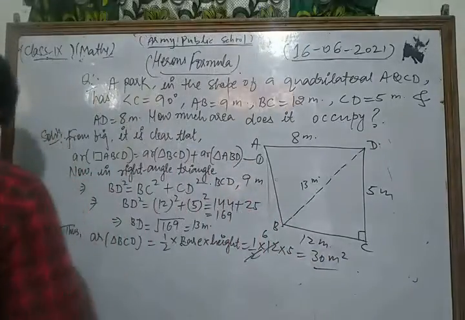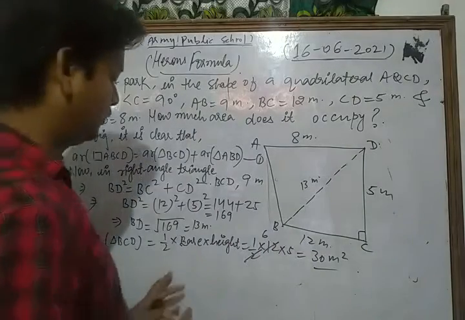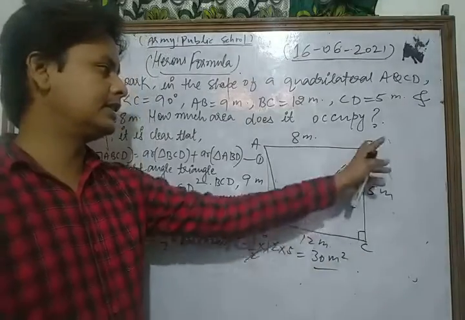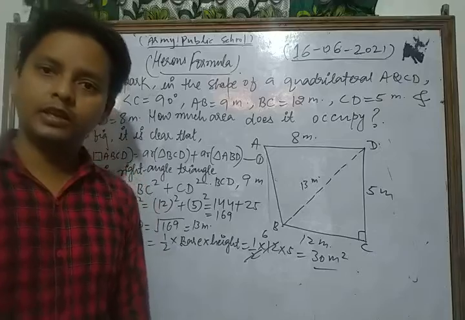So the area of right angle triangle BCD is 30 meter square.